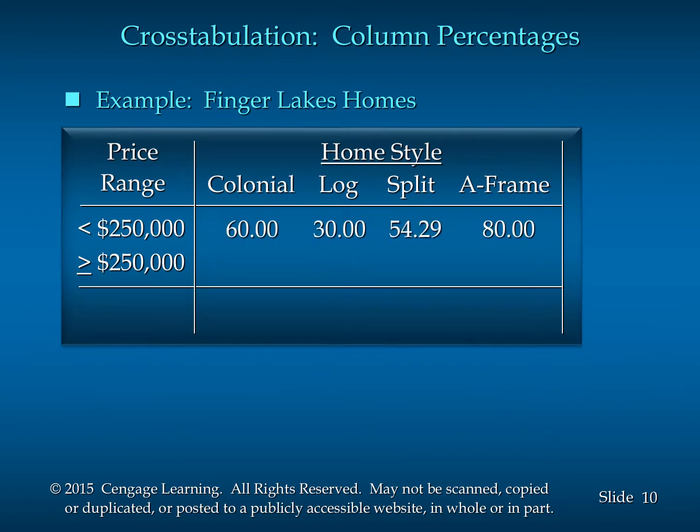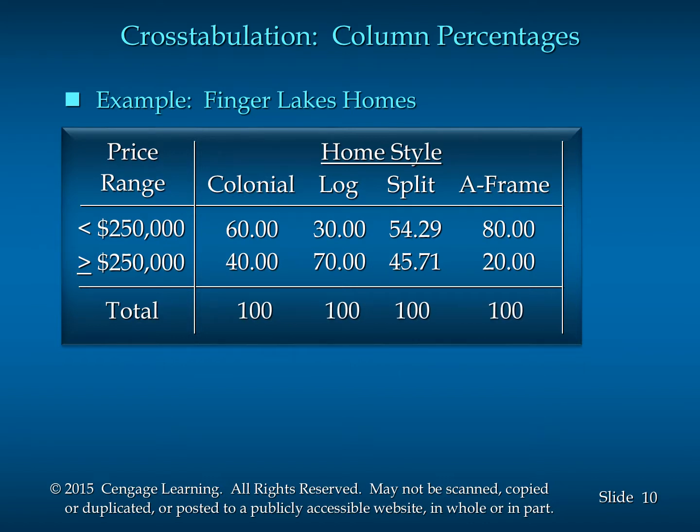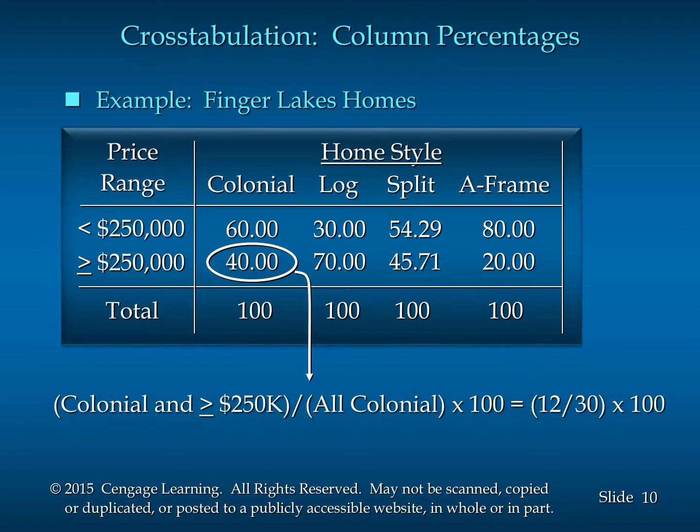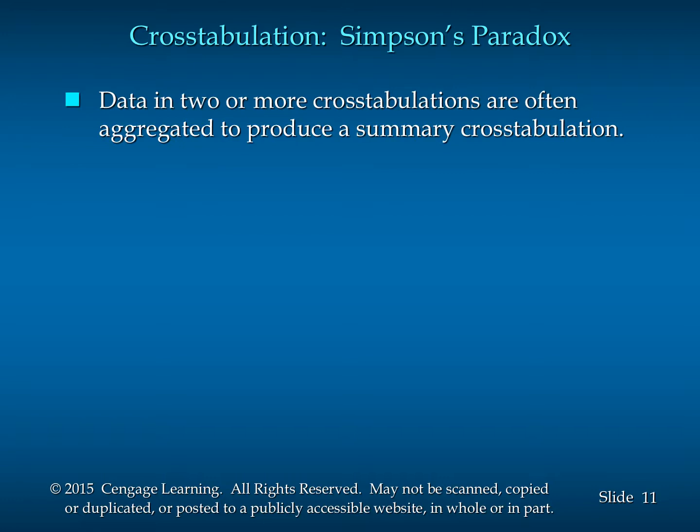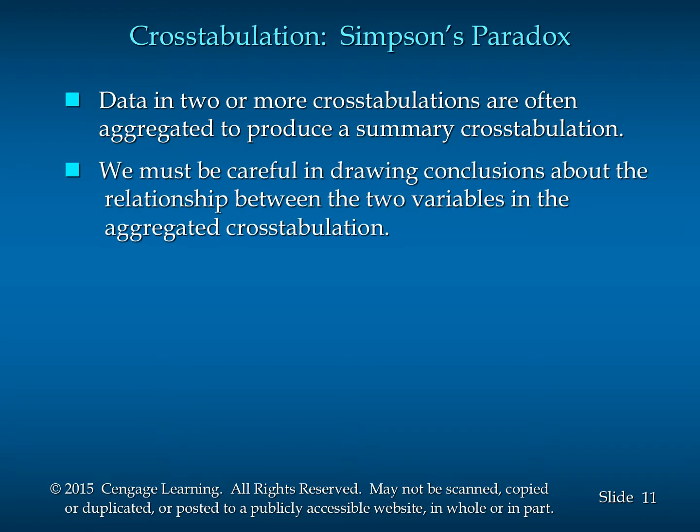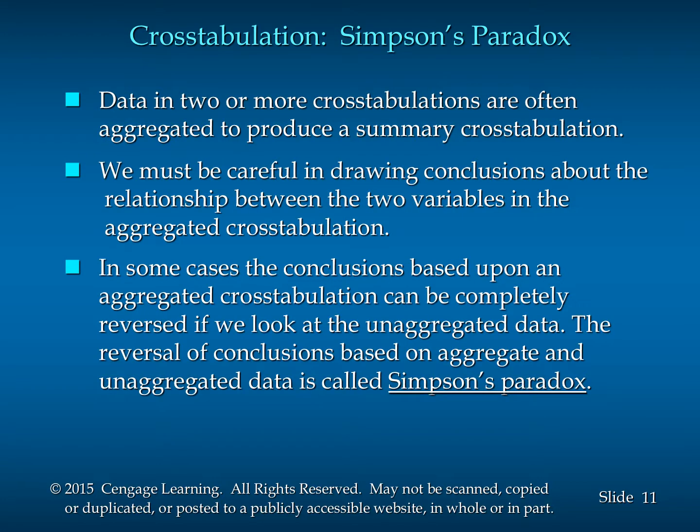If we look at the cross tabulation and the total percentages by home style, again, you can see for colonial, 60% of them are low cost and 40% high cost. There is a concept called Simpson's paradox, which we won't explore here, but it talks about how careful we must be to draw conclusions about the relationships between the two variables.